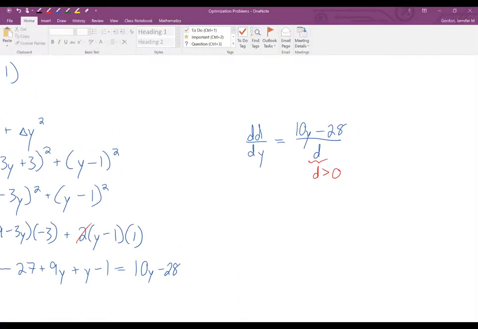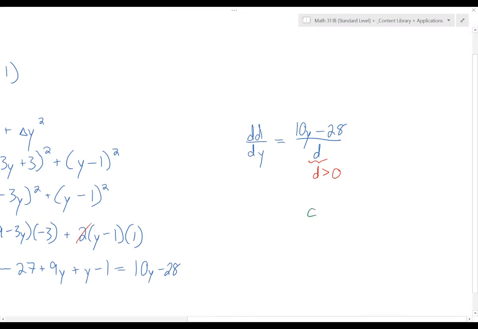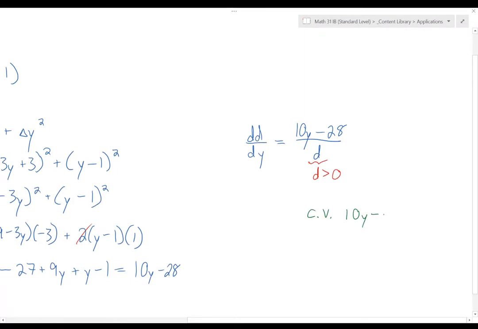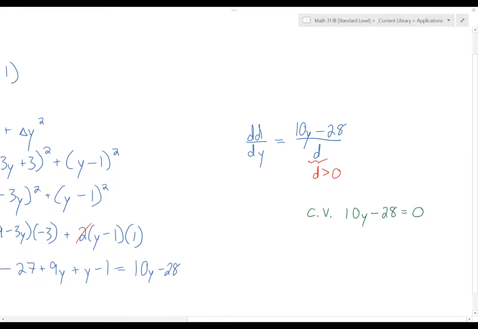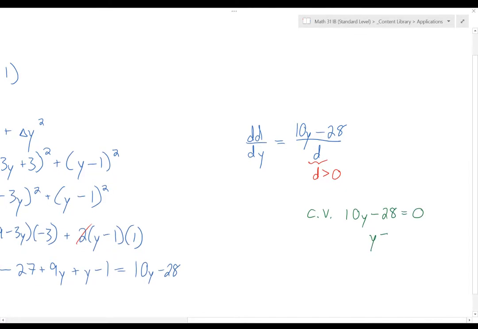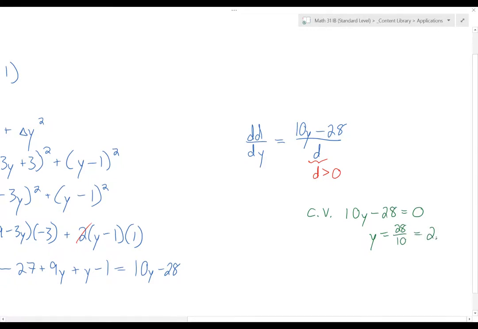So all I'm looking for critical values are when does 10y minus 28 equal 0? Well, that happens when y equals 28 over 10, or in other words, 2.8. Now, that's not the answer to the question fully because we wanted to know the point on the line. So in other words, we want the x and the y values.